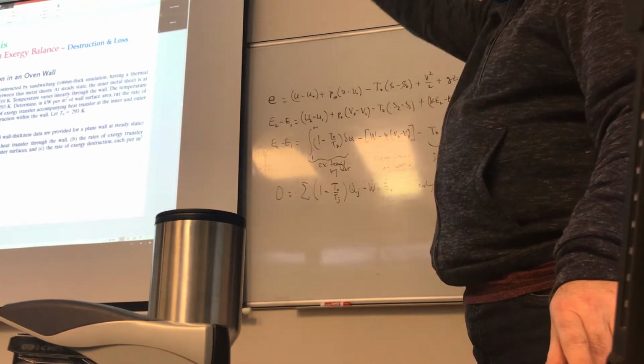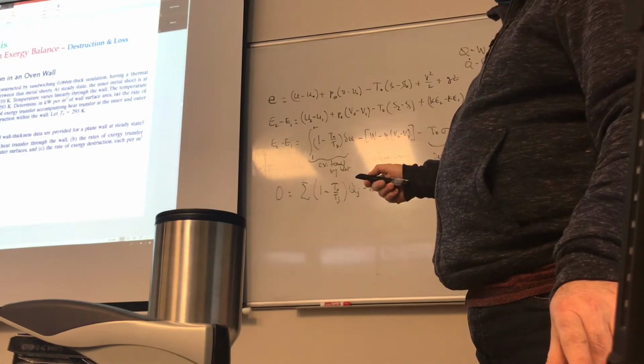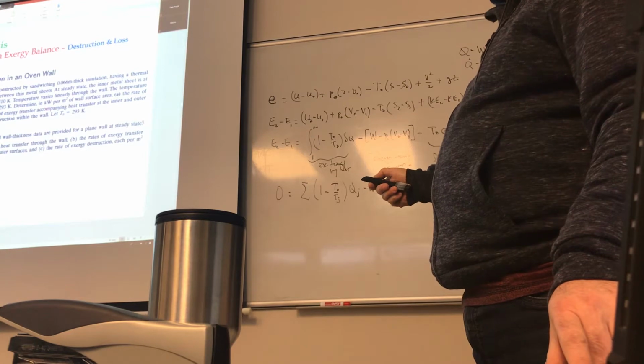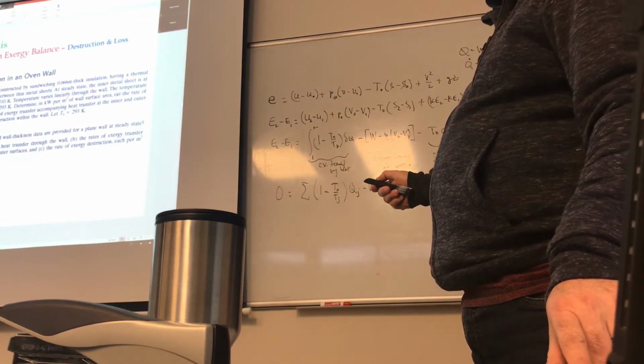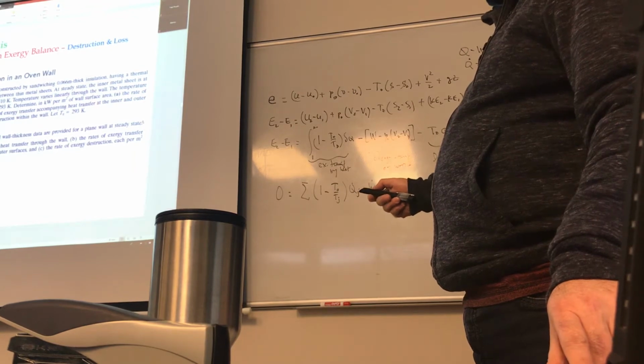Temperature varies linearly through the wall, and the temperature of the surroundings is 293. You're asked to determine, per unit area essentially, what is the rate of heat transfer through the wall?